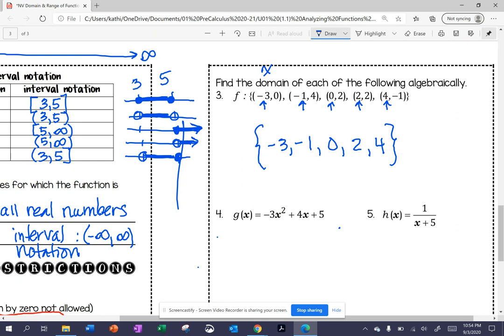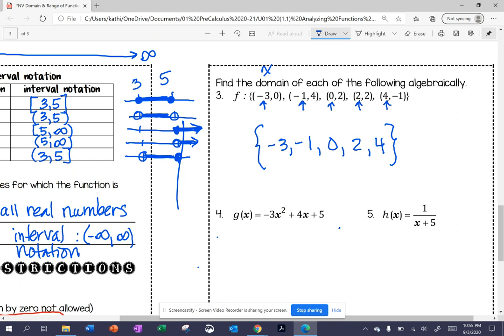All right, so let's look at some equations. Number 4, g of x equals -3x squared plus 4x plus 5. I'm asking myself two questions. Do I have a fraction? No. Do I have a radical with an even index?